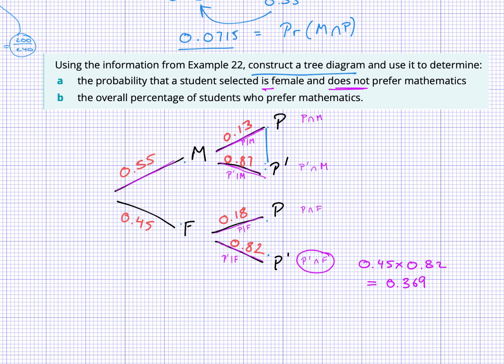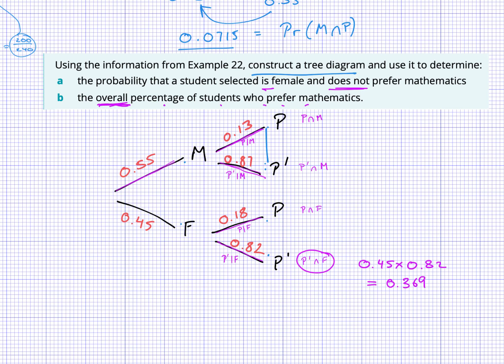Okay. Now, B, find the overall percentage of students who prefer maths. So we know it's made up of two parts. Overall percentage implies that we're looking for all the females who prefer maths and all the males who prefer maths.